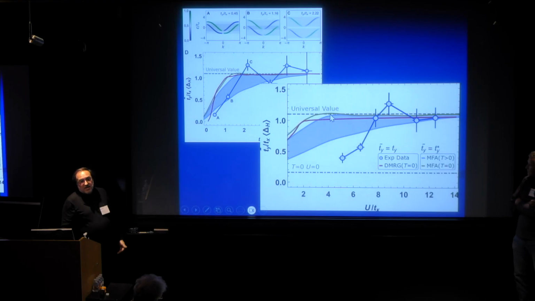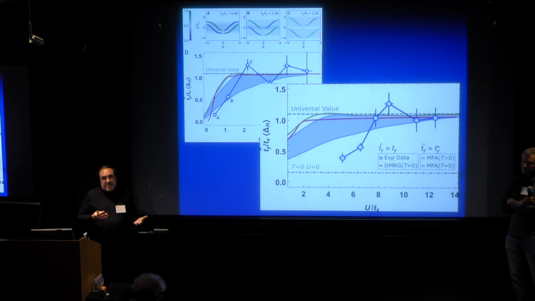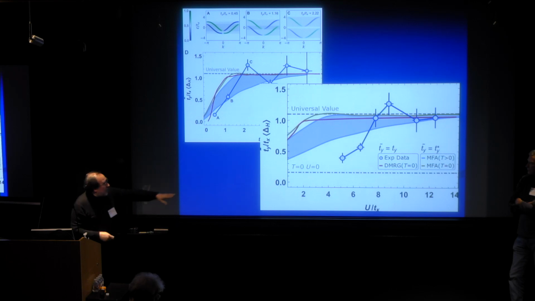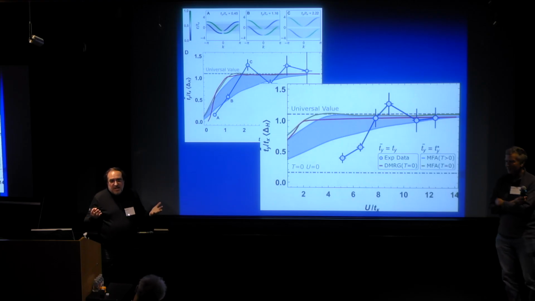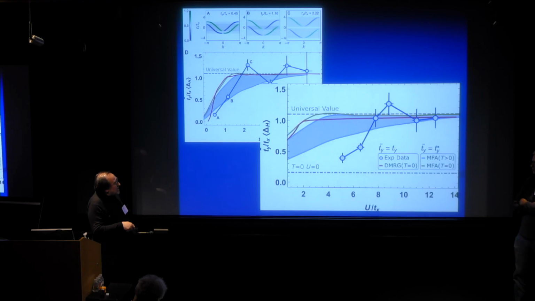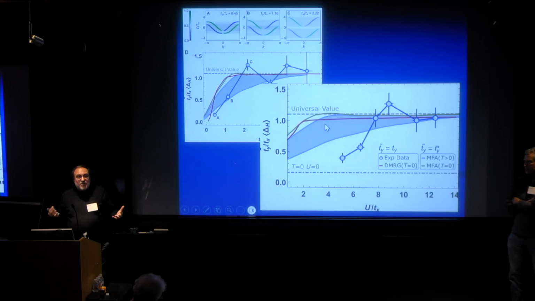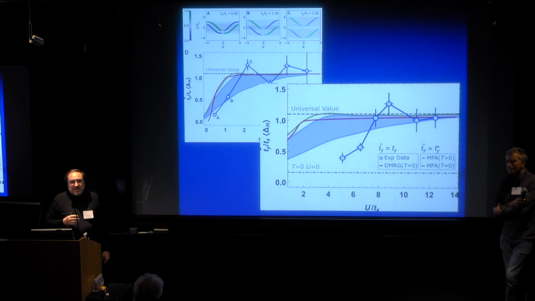So I think progress can be made on both fronts, on the DMRG or numerical side, and including the finite temperature effect, which is very finite, would definitely be a good thing. Because forget this MFA and whatever, this is just to try to do something. But as you see, it doesn't work very well. And then on the experimental side, of course, the more homogeneous, the better.